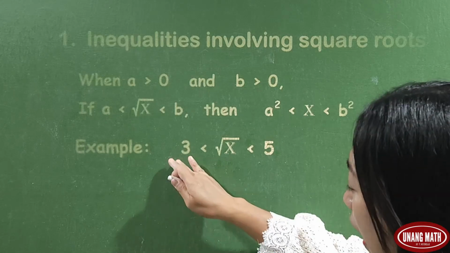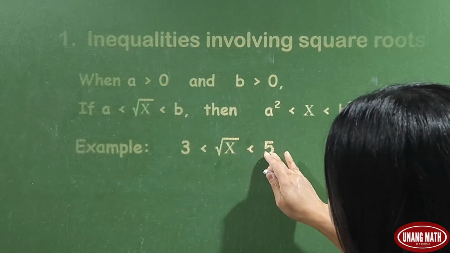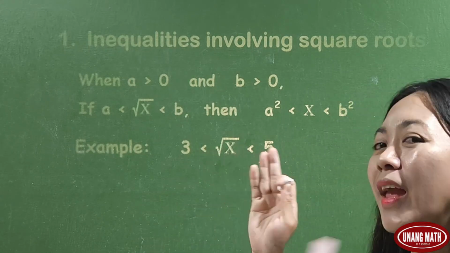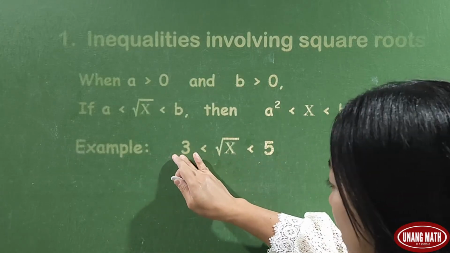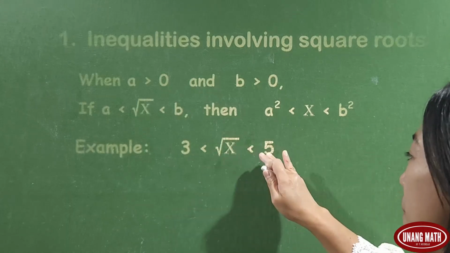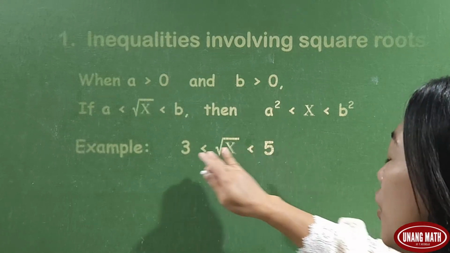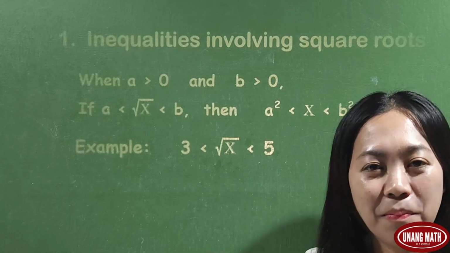First, we need to make these three numbers the same kind of number. Because look at this one. This is an integer. We actually don't know what this number is. This is also an integer. So make these three numbers the same kind of number.